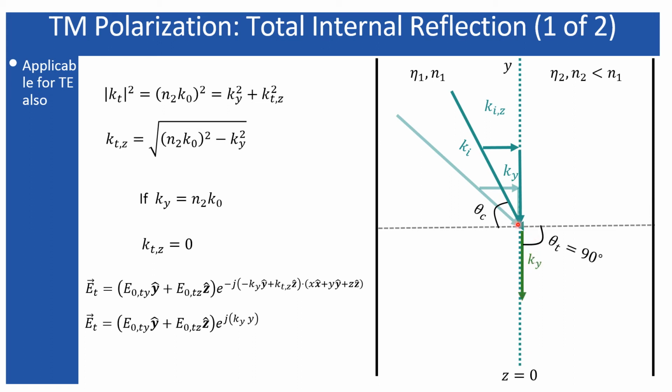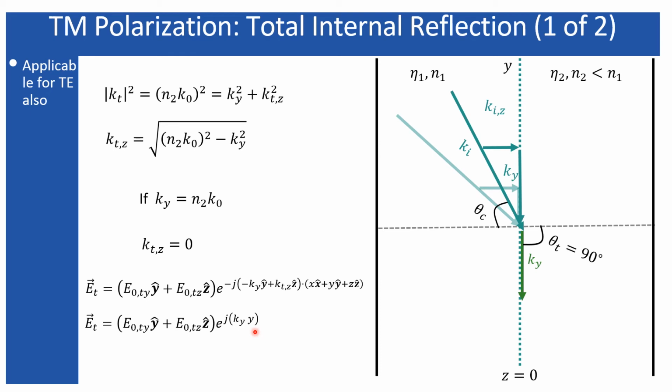That is the condition you can obtain from Snell's law: if the incident wave is at angle theta c, that is called the critical angle, the propagation takes place at a 90-degree angle with the surface normal, so it will be parallel to the interface. The reason is this one. We can easily identify from here that the propagation is taking place only along the y direction, so there exists no other component.